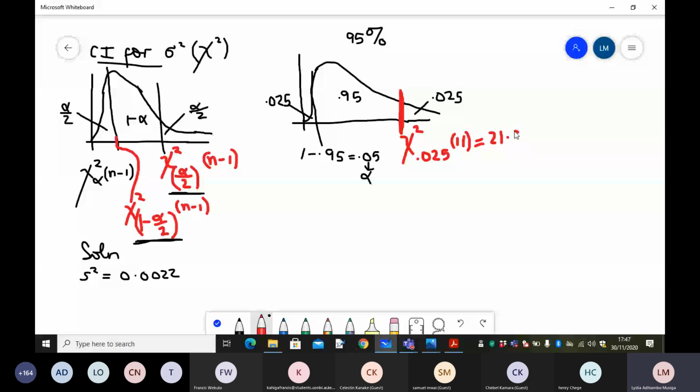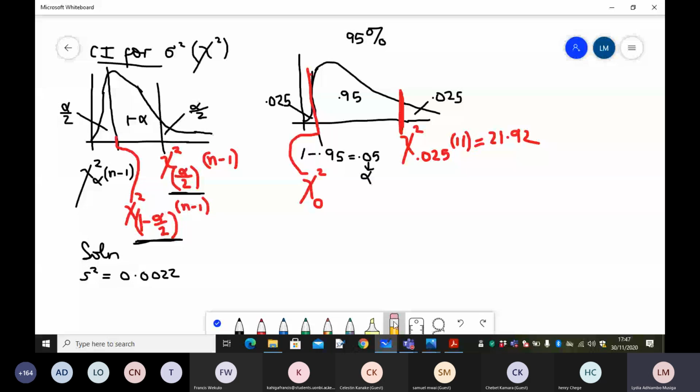Now, to determine the critical value separating the small area to the left, this is going to be chi, where the area to the right is 1 minus 0.025. Let me write that for clarity.